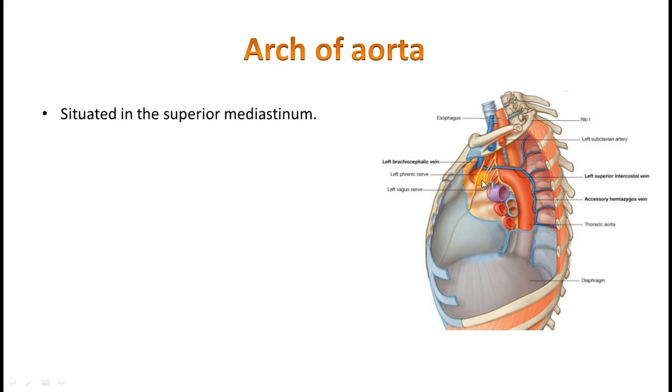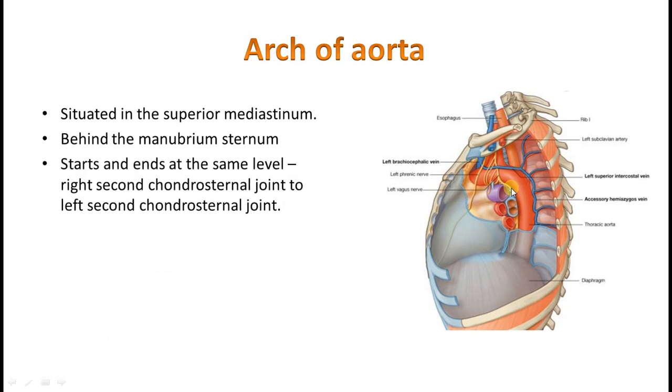It begins and ends at the same level, that is at the sternal angle or T4 vertebra. Its lateral limit is from the right chondrosternal junction to the left chondrosternal junction.